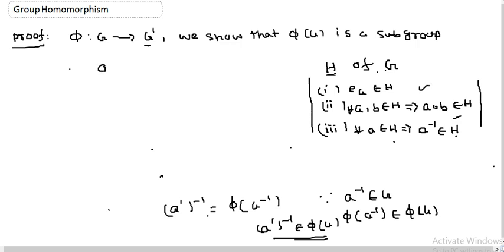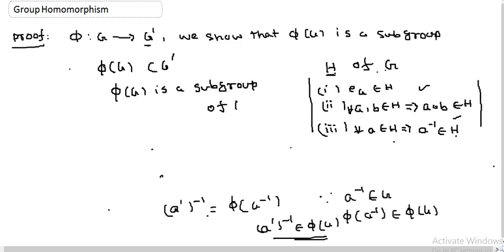So here we have seen that phi of G is a subset of G dash and satisfies all of these three conditions. So phi of G is a subgroup of the group G dash.